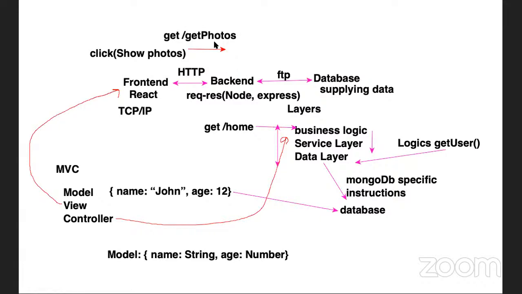The backend sees that, okay, it is working on port 8080, and my backend is going to handle and check, okay, a get request is coming. So for this, whatever function or method we have written for get photos will return photos, return an array or whatever it is. Usually photos are in buffers, but I'm just going to write photos for now for better understanding. So this comes as a part of backend get photos.